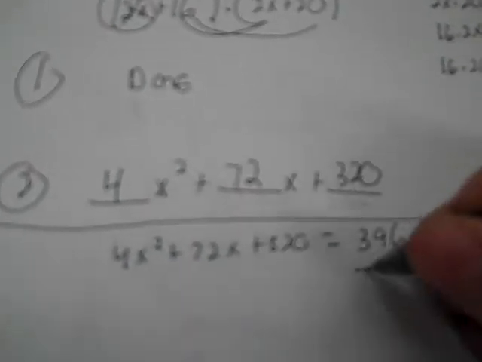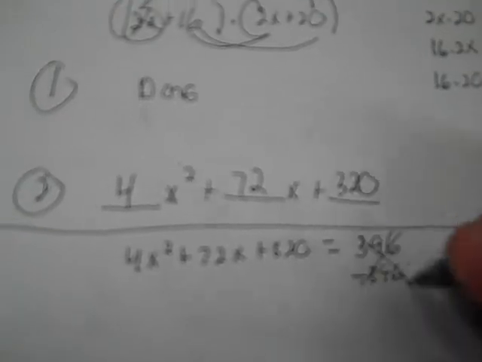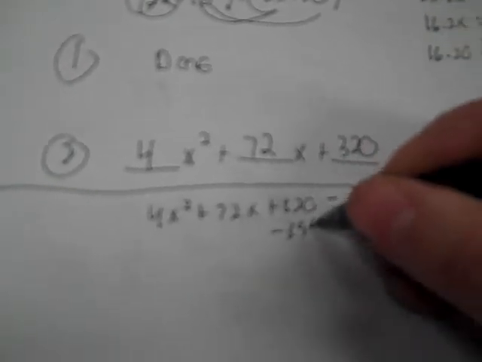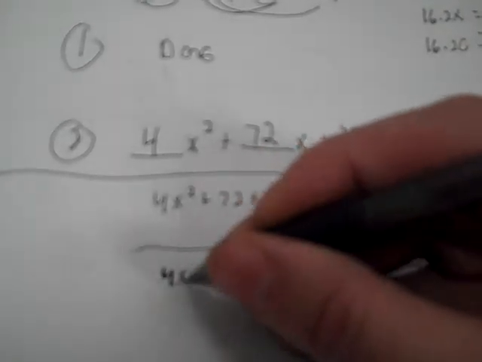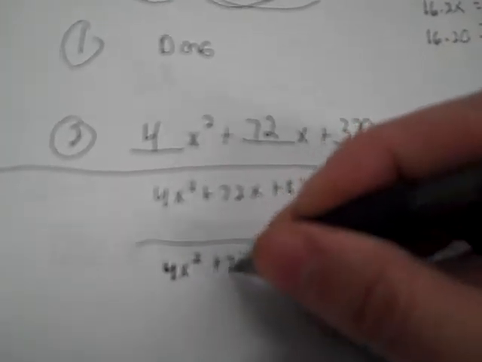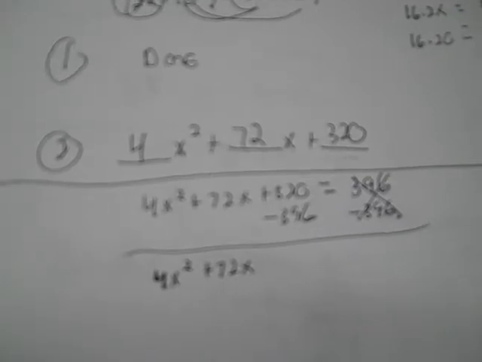It has two answers. And we have x to the second and x. So when we see those, we need to get everything to one side. So I'm minus 396 and minus 396. Okay. So that's going to be 4x to the second plus 72x.